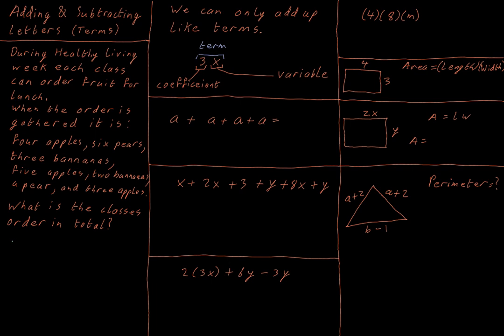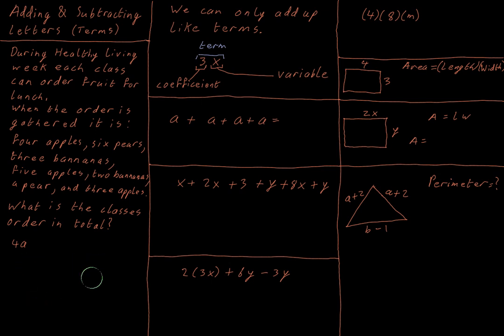So 4 apples we would write as 4A. A number sitting next to a letter means multiplied. So this would be A plus A plus A plus A would be 4 apples. If I have 1 apple, 2 apples, 3 apples, 4 apples added together, that would be 4 apples. So that's my situation there.